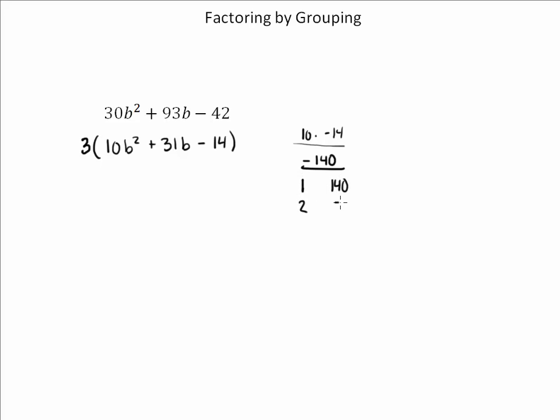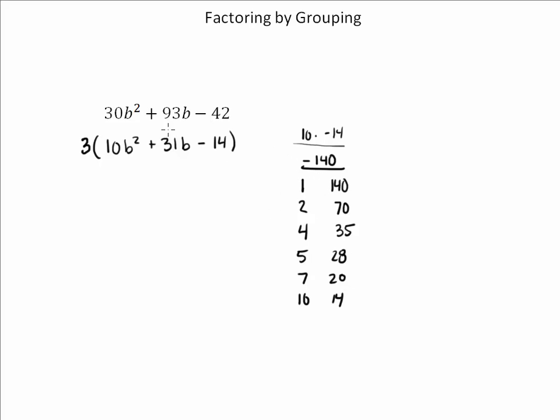It's divisible by 2, so 2 and 70. It's not divisible by 3, but it is divisible by 4. 4 and 35. We got 5 and 28, 7 and 20, and 14 and 10. Okay, so that's all the things that 140 is evenly divisible by.